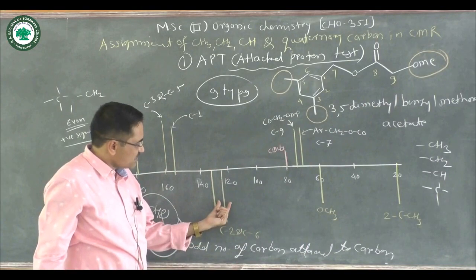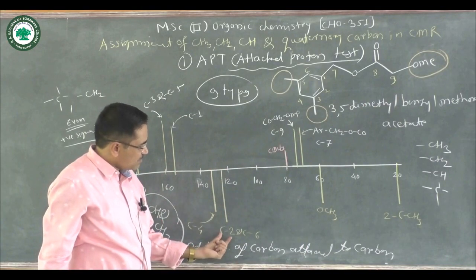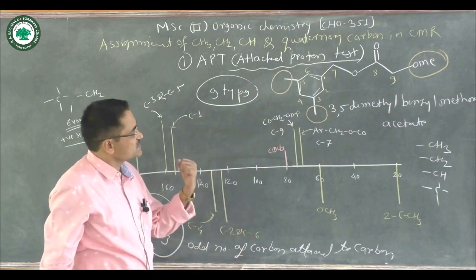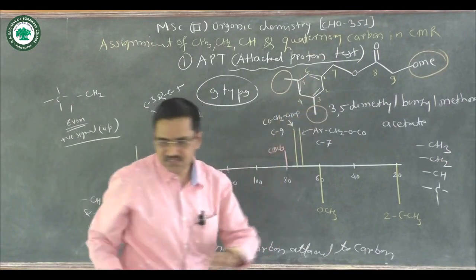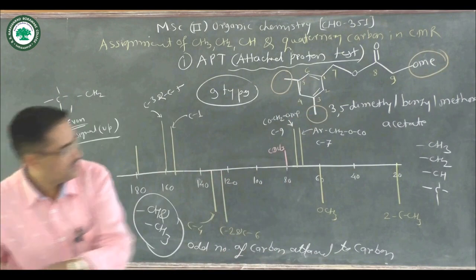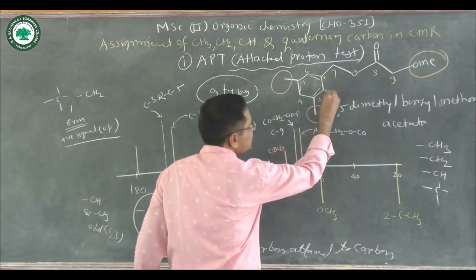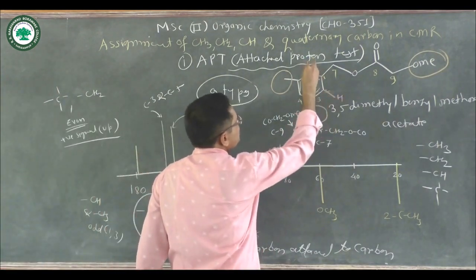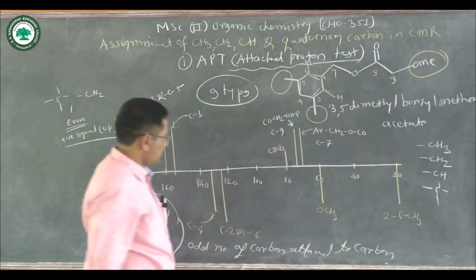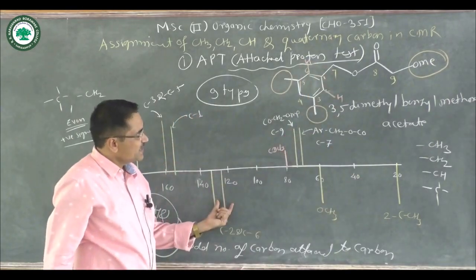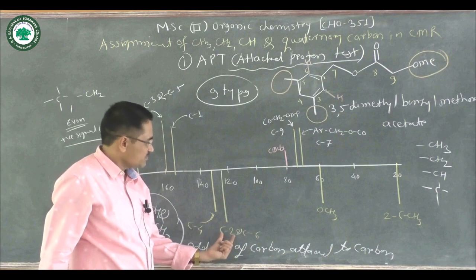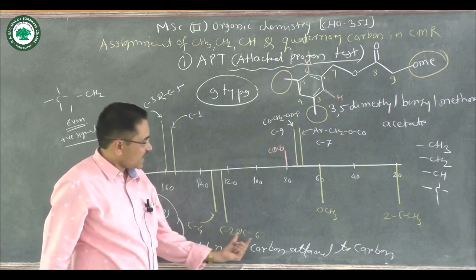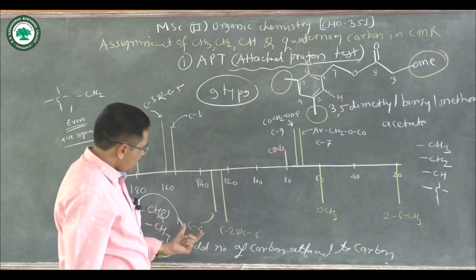Then this signal is for carbon number 2 and carbon number 6. Here one hydrogen is attached, and here also one hydrogen is attached. So this signal is for the CH group, carbon number 2 and carbon number 6.